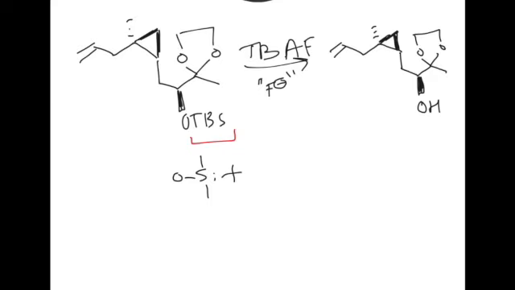Right, now the next step, which again we're going to switch. The next step, the name kind of gives it away, right? It's a Yamaguchi esterification, sometimes known as the Yamaguchi macrolactonization. So this makes esters.